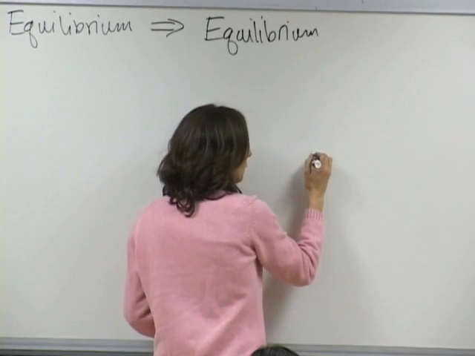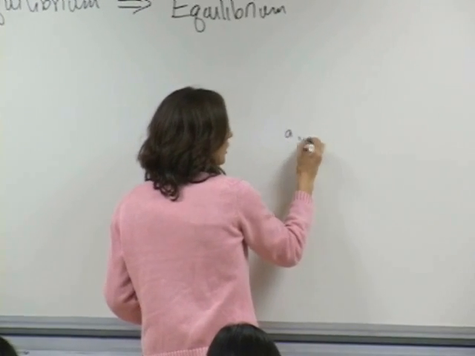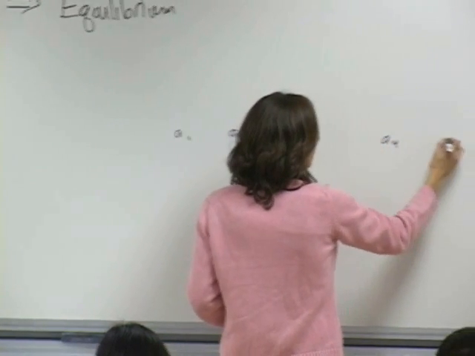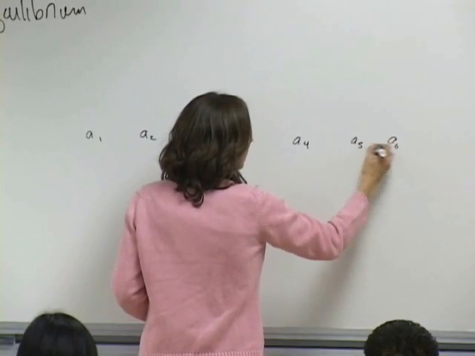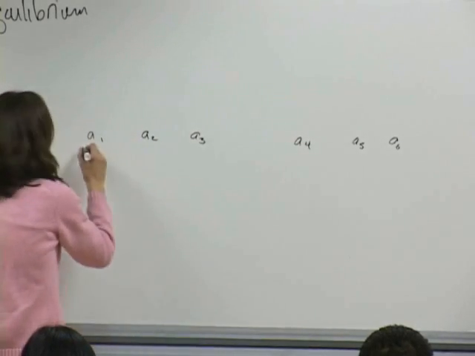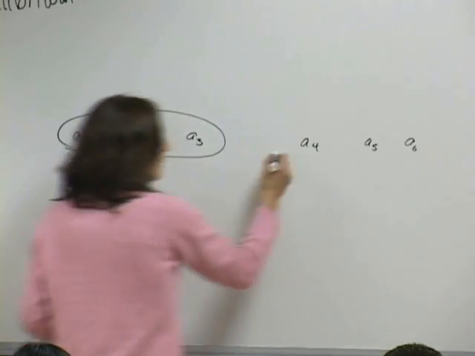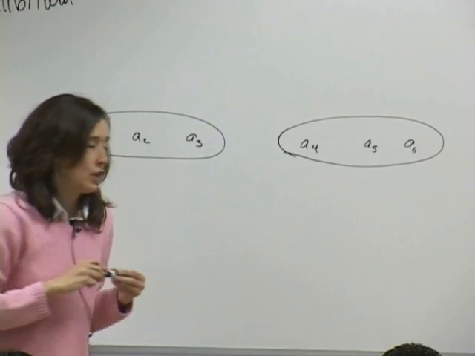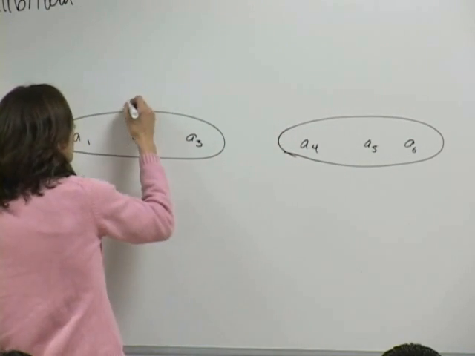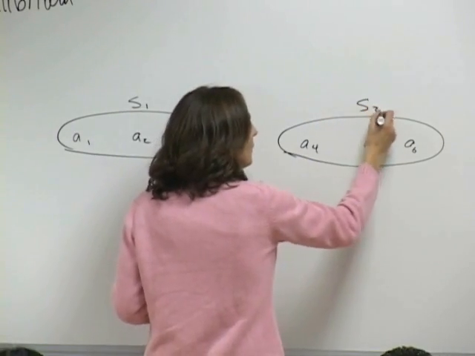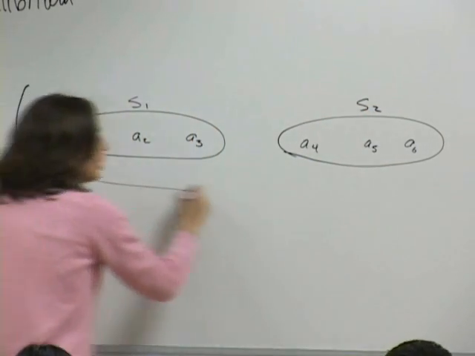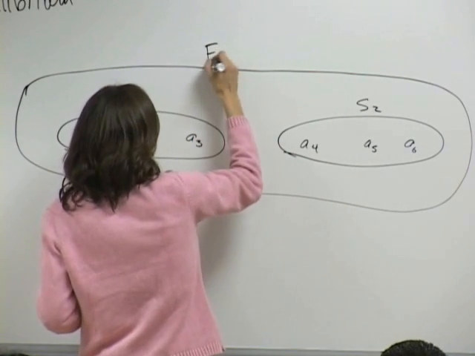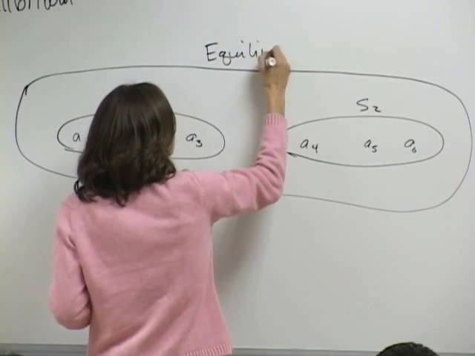Okay, so we have actions, and I'm going to do them like A1, A2, A3, A4, A5, A6. These are actions. Actions come together to form strategies. Okay, so we'll call this S1, S2. And then strategies come together to form an equilibrium.